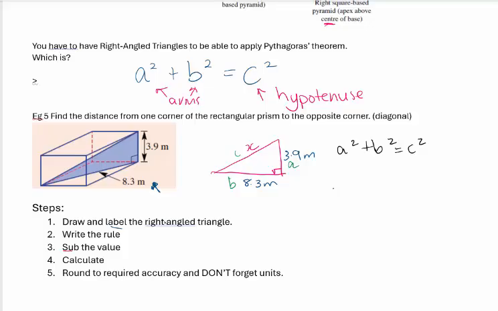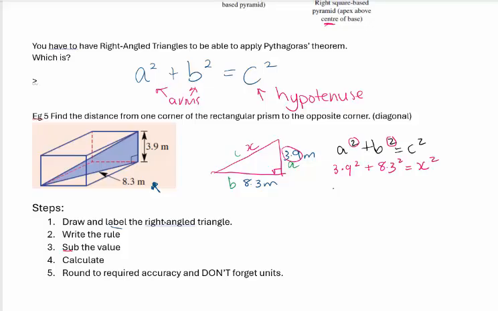So again, don't think about it. Don't skip this step. This is what our examiners look for. See how instead of writing A, I write 3.9. Instead of writing B, I write 8.3. And then I still put the squared there because these have to be there. And instead of writing C, I write x squared.